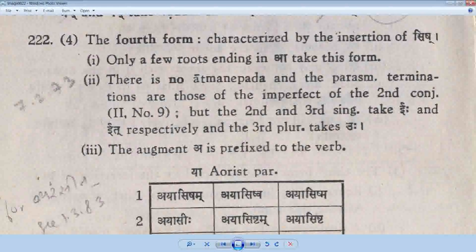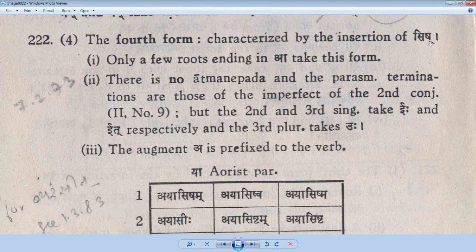So now we say the fourth form is characterized by insertion of sich. It's not really sich. We're going to see the anga takes the sak agama and the sich takes the idagama. That's what's happening. So it's not really sich as such. It is the anga takes the sak agama, by adyantau takitau it goes to the end of the anga, and the sich takes the idagama.